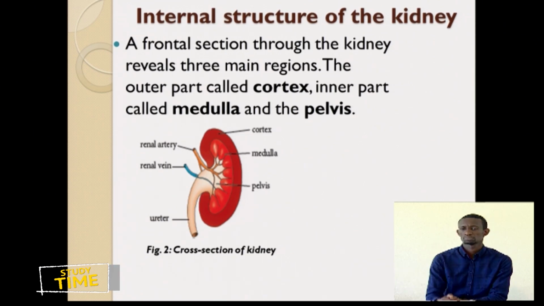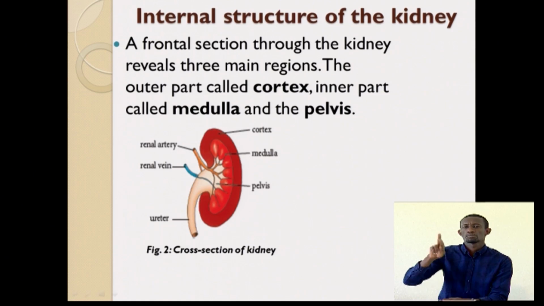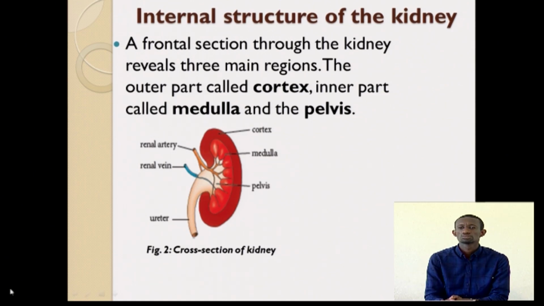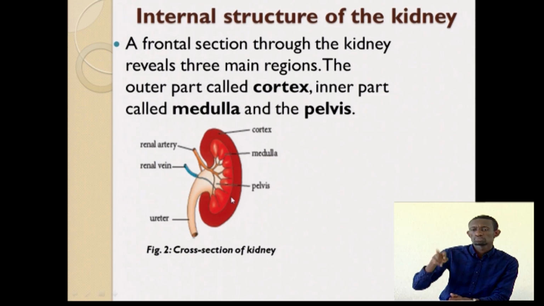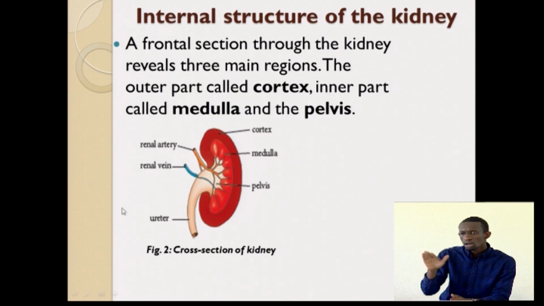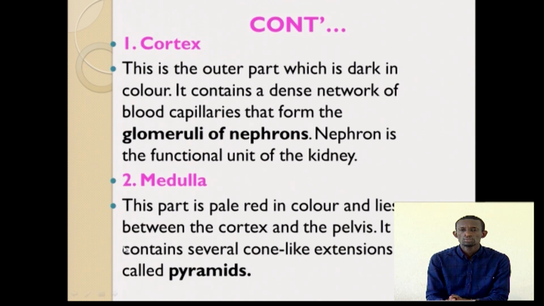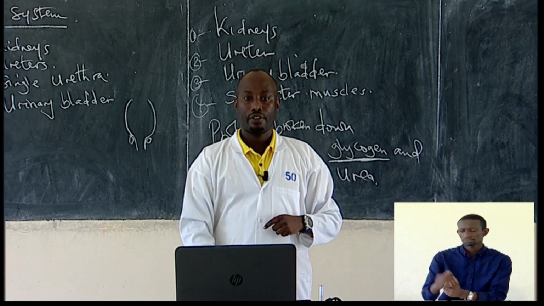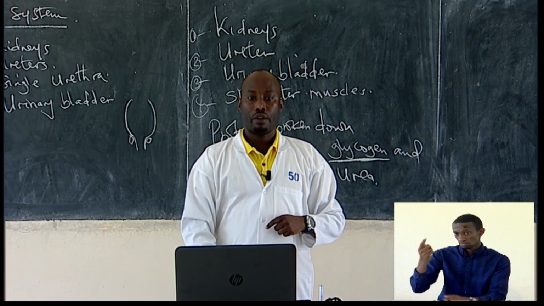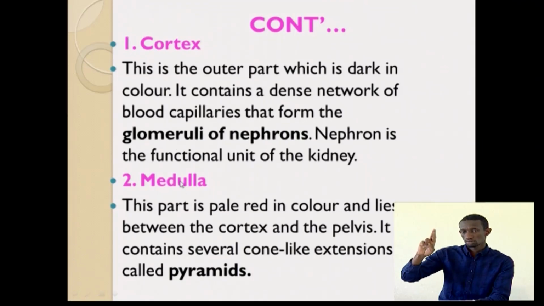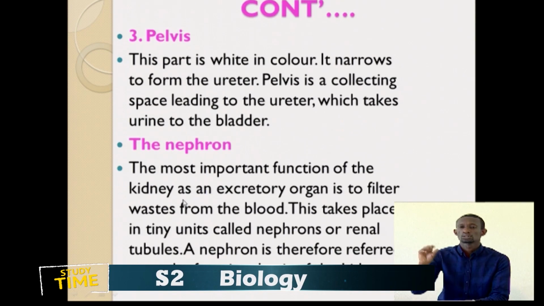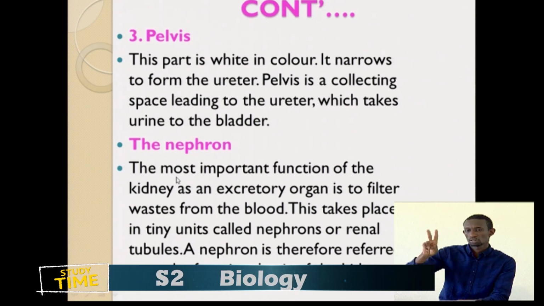This is a cross-section of the kidney, and you can try to locate these parts. We have the cortex, the medulla, as I mentioned, and the last one, which is the pelvis. Next time, we're going to discuss the nephron.